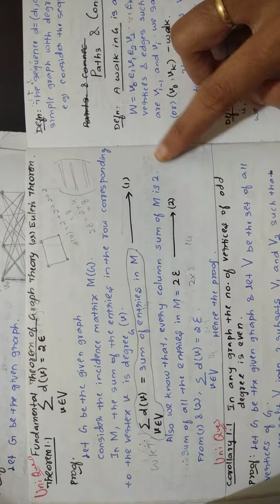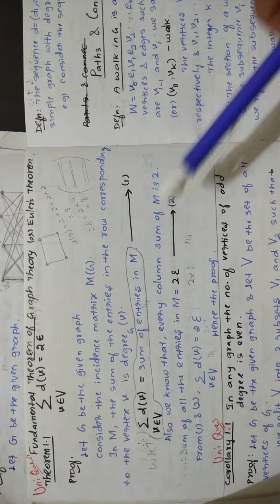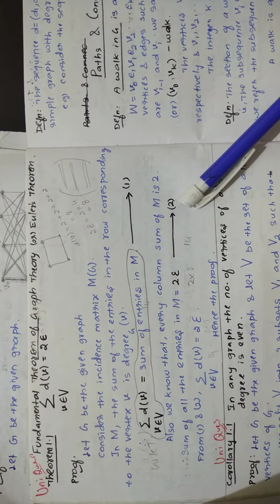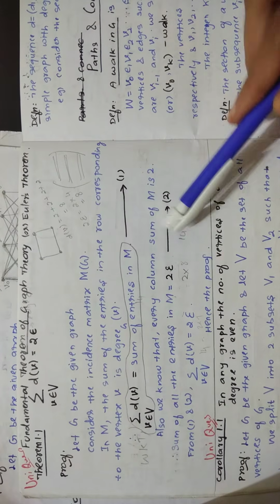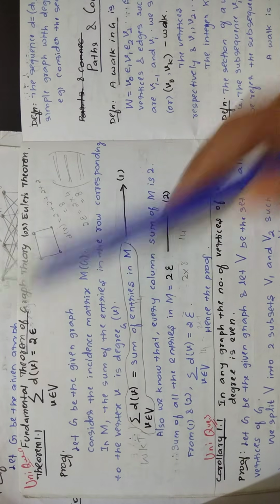These are the things you are writing from the definition of incidence matrix. So here also we know that every column sum of M is what? 2. Therefore, the sum of all entries in M is equal to 2 into epsilon. Mark it as equation number 2. From 1 and 2 you will get what they are asking us to prove.